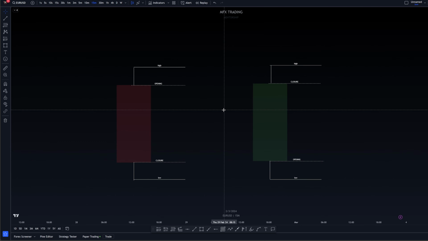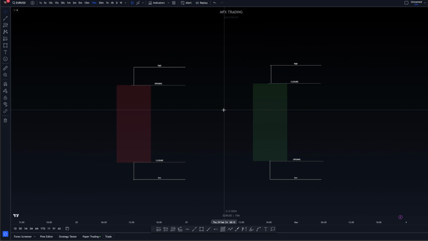The important thing is, it doesn't matter which color you use, but it's important that you understand what the color stands for. The standard is, like I just said, red and green, and a red candle is a bearish candle, down, and a green candle is a bullish candle when price goes up. We at MFX, for example, use red and gray, and like I said, it doesn't really matter what color you use as long as you're able to know the difference between them.